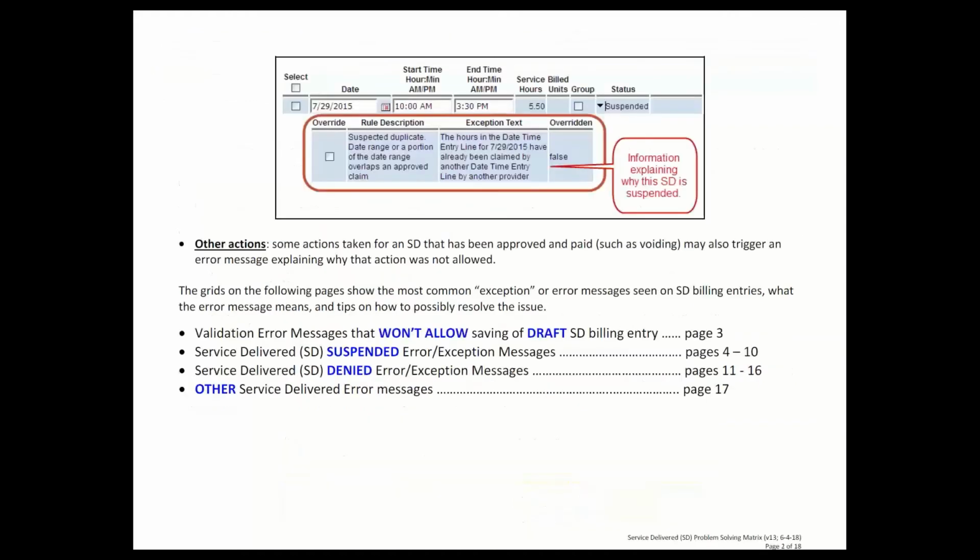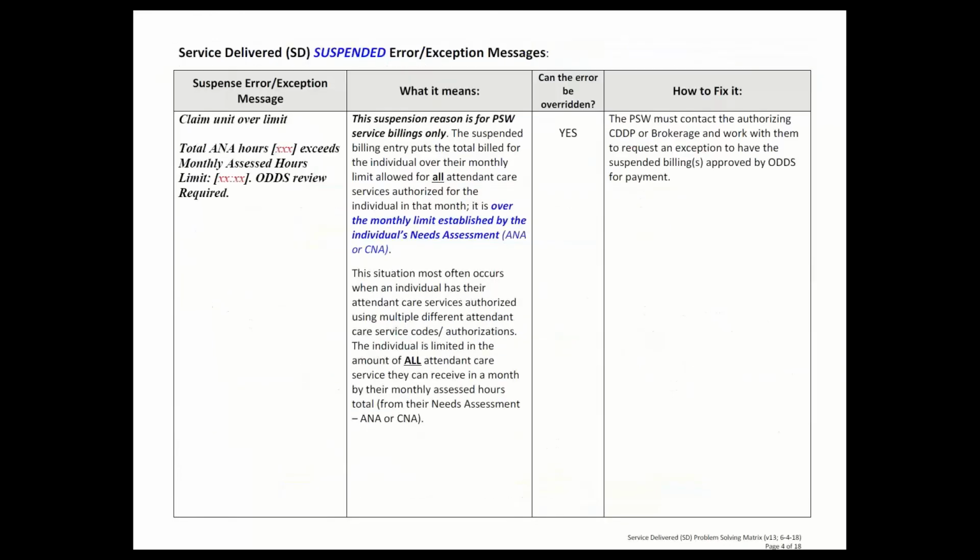And how this works is that if you have an SD billing that is suspended, the suspense error exception message is the actual text of the error message that you see in Express. And again, in a lot of cases, it can be really technical language and may not be easily decipherable.